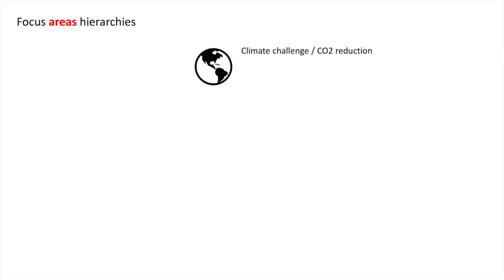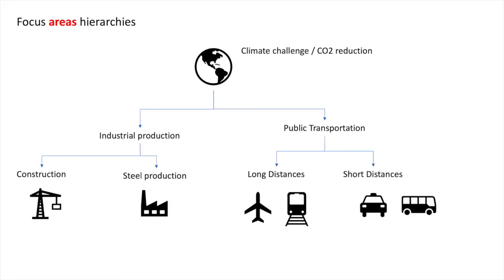Within that one, we can find, for example, two other, among many others, of course, focus areas. One would be industrial production, another one would be public transportation. Now, within these focus areas, again, we can identify several other focus areas at a more detailed level.